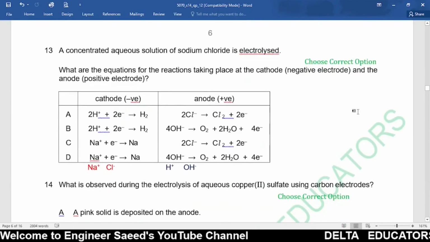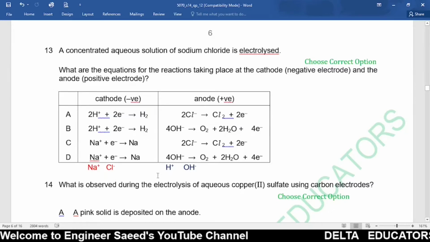Question number 13. A concentrated aqueous solution of sodium chloride is electrolyzed. What are the equations for the reaction taking place at the cathode and at the anode? Here we have concentrated aqueous solution of sodium chloride. From sodium chloride, we have sodium ion and chloride ion, and from aqueous means water, so from water we will have hydrogen and hydroxide ion.